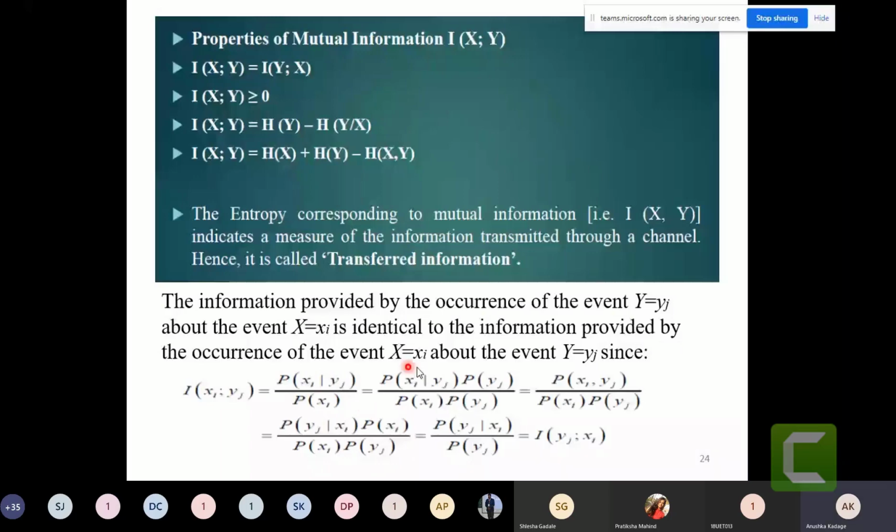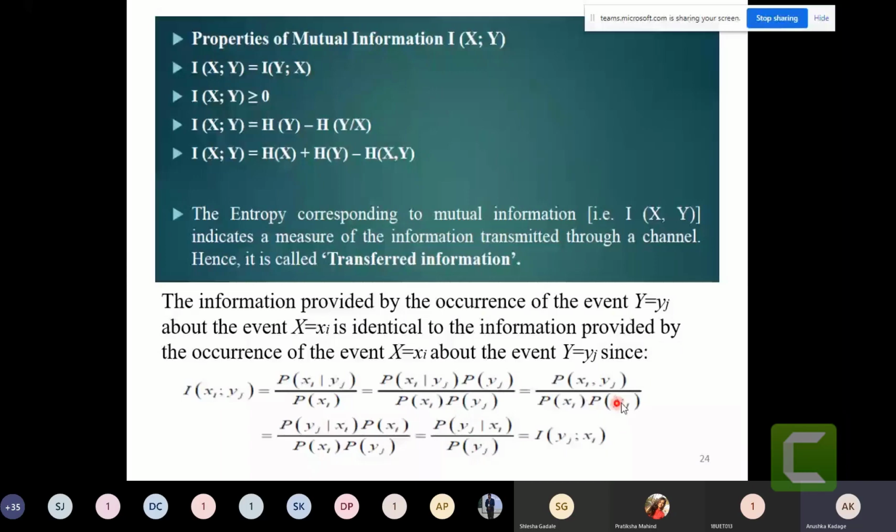Now if we observe the numerator, the conditional probability is multiplied with the marginal probability, and this I can replace with the joint probability, and in the denominator the two separate marginal probabilities will exist.